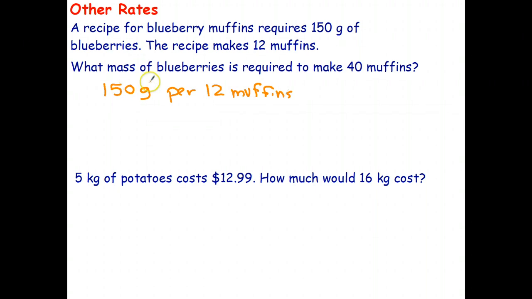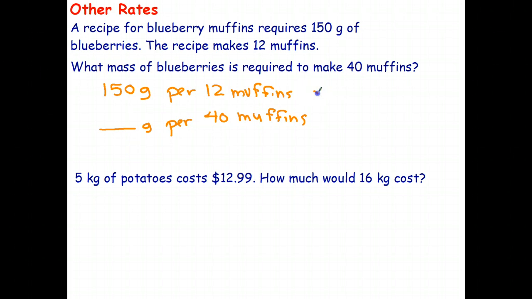So that's like 150 to 12, but in this case, because we have different units, we say 150 grams per 12 muffins. Now we actually have 40 muffins. So underneath that, I write 40 muffins, and I want to know how many grams per 40 muffins.